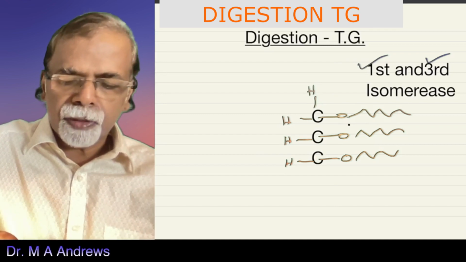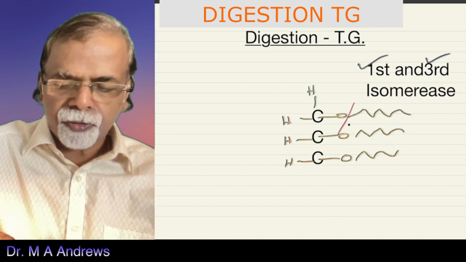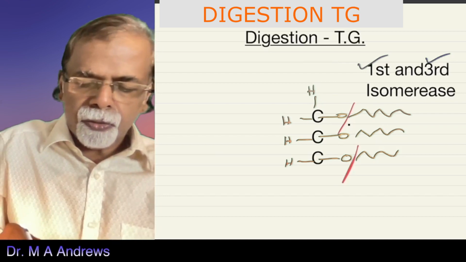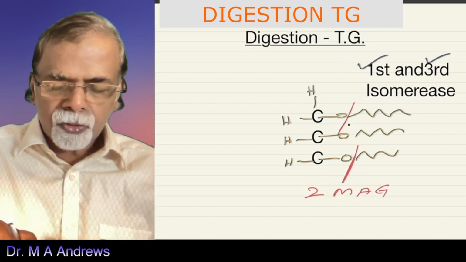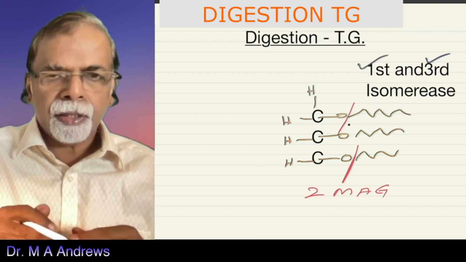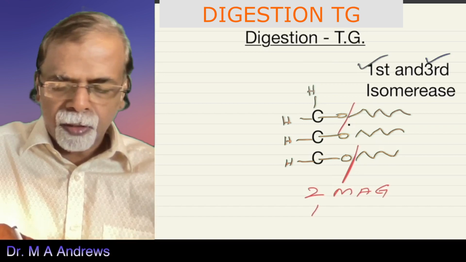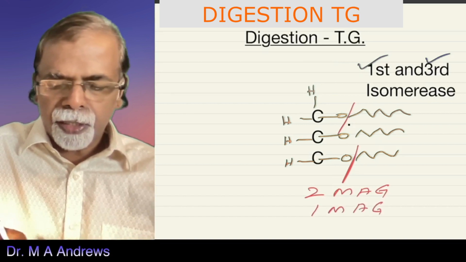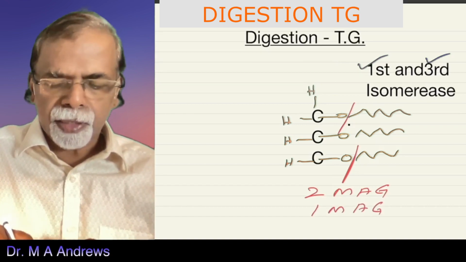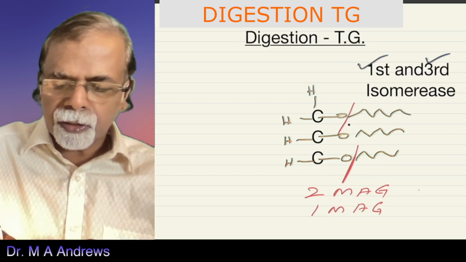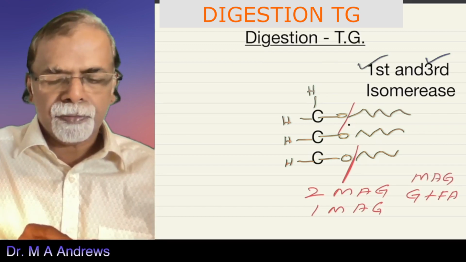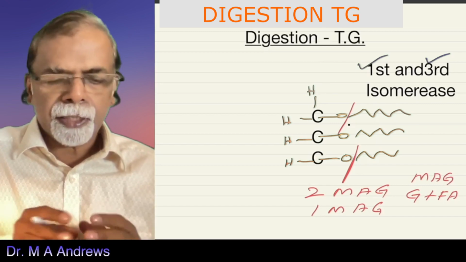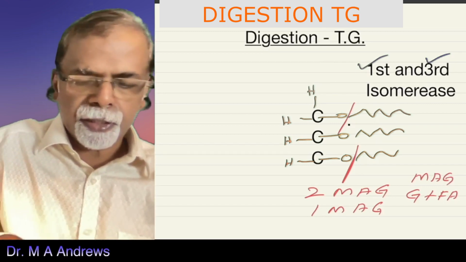So here this bond is broken, first and third, and so you get a 2-monoacyl glycerol. This 2-monoacyl glycerol can isomerize into 1-monoacyl glycerol, and then again it can be broken down by the lipase, and we can get glycerol plus fatty acids, or monoacyl glycerol plus fatty acids. So this is the exact way of digestion of the triglyceride.